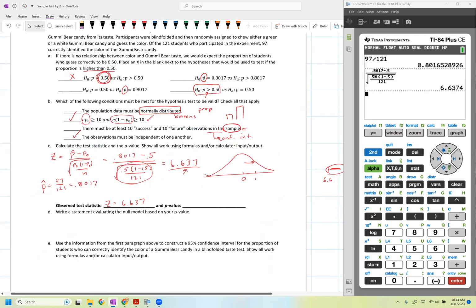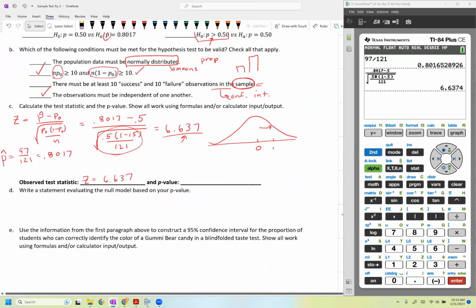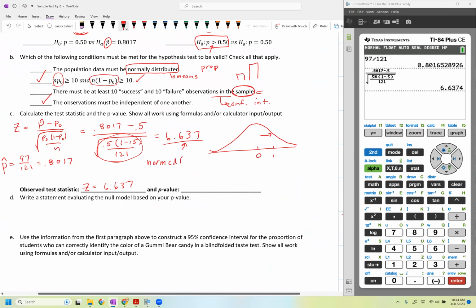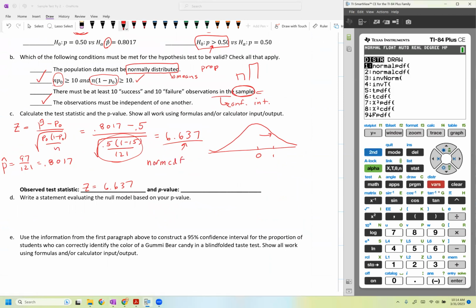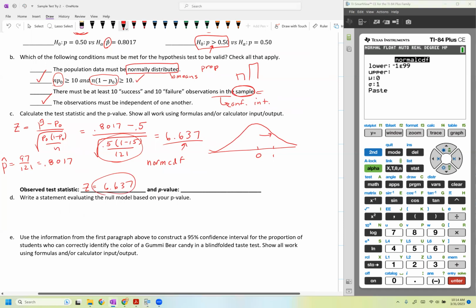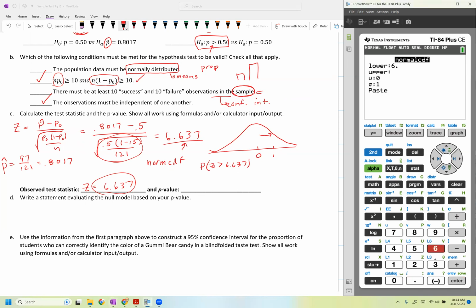Now, how would we calculate that? Well, we're going to use the normCDF functionality, which is under distributions, normal CDF. We're really trying to find the probability that Z is greater than 6.637, which means our lower bound is 6.637. Our upper bound is the largest number we can put into our calculator, about 1 times 10 to the 99th.